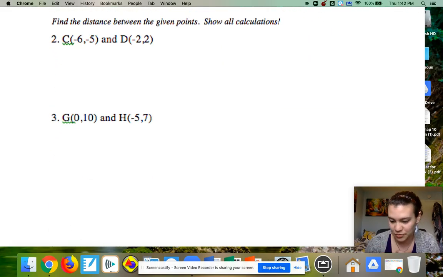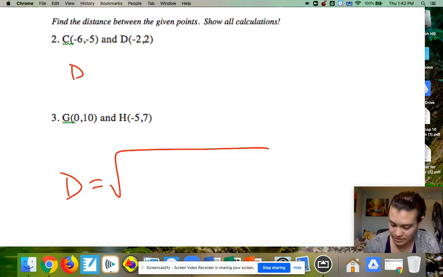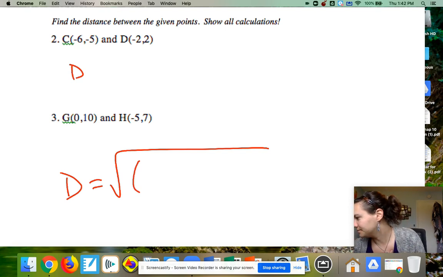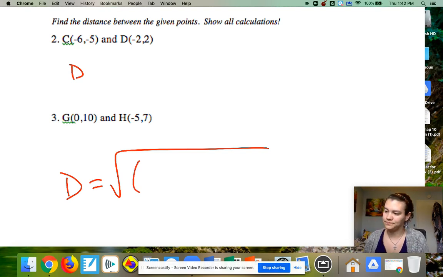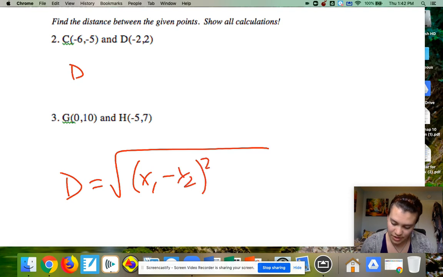Okay, distance between 2 points. So your distance formula, right at the bottom, is x1 minus x2 squared plus y1 minus y2 squared.